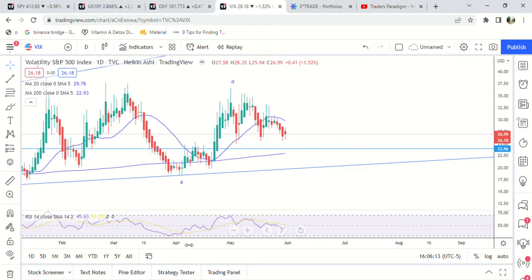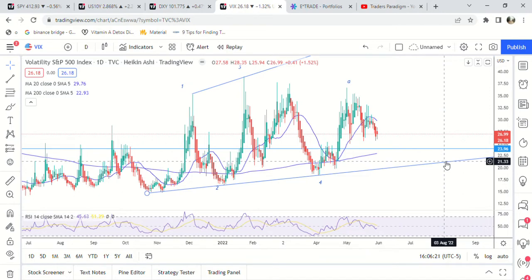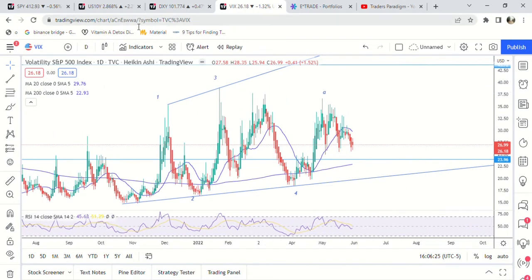But if you look at this right here, it could go tap this line right here one more time. Maybe it takes a while and we get all the way down to 21 and then we move up higher. That's kind of what I'm expecting, either 23.98 or just a slow fall down here to the parallel line.